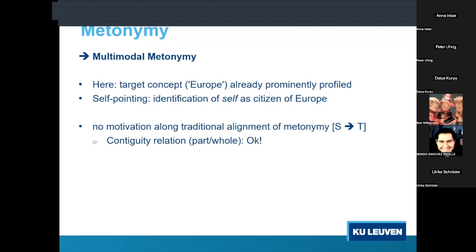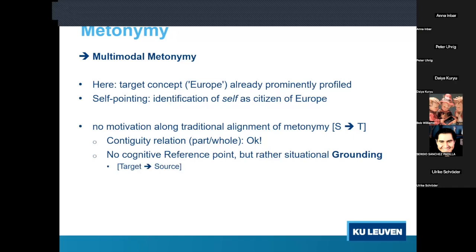There is a contiguity relation, okay? So there is a relation between part and whole, or citizen of an institute, or I don't know, a country. So we're not dealing with some sort of reference point, I should say, but rather some sort of situational ground, the process of situational grounding, which is unfolding here, leading from the target to the source.